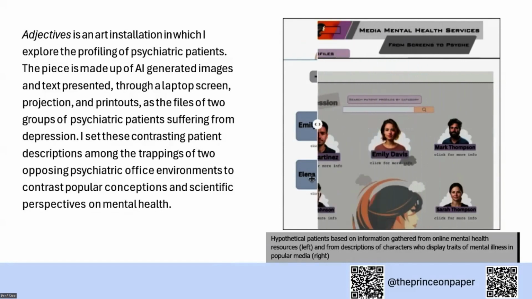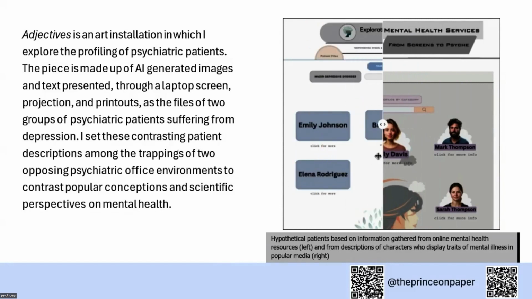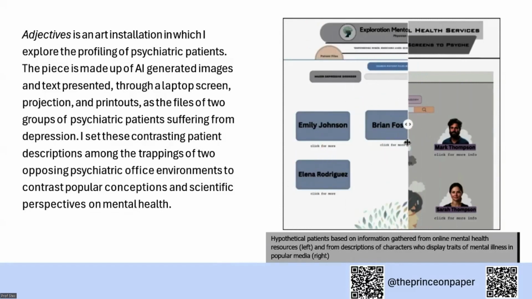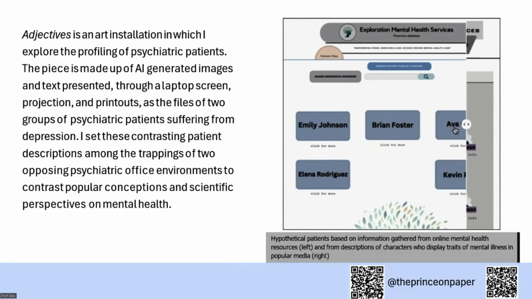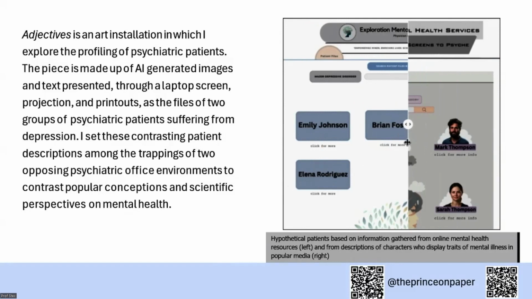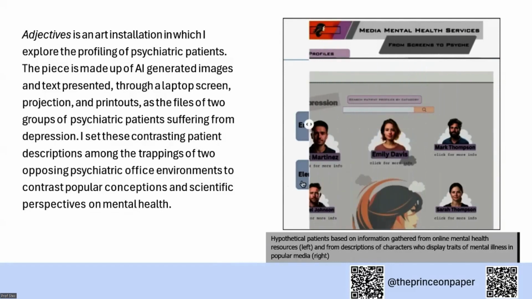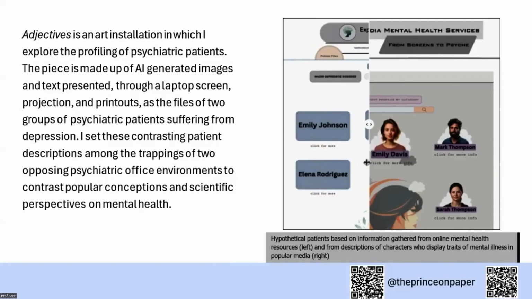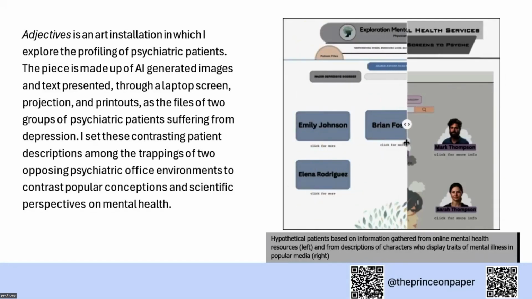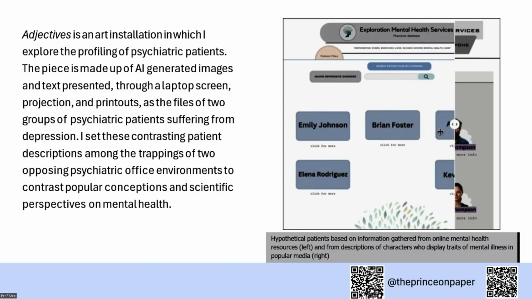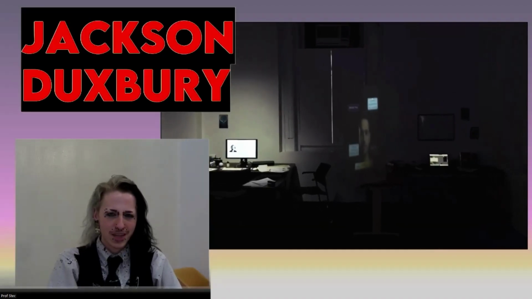And basically, I got ChatGPT to make not super long descriptions, maybe a couple hundred words, and then things like symptoms or presentation, jobs. I think I asked for age, gender of these patients based only on that either media or medical resource data I was providing.